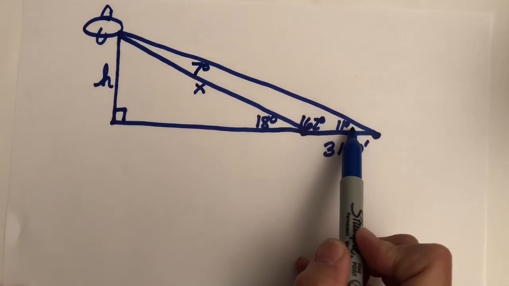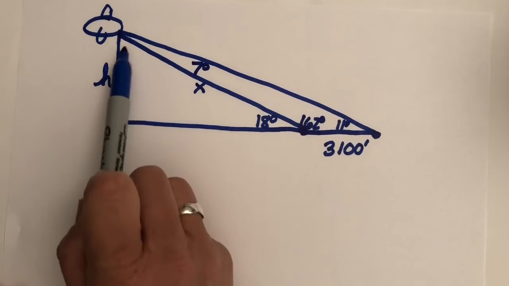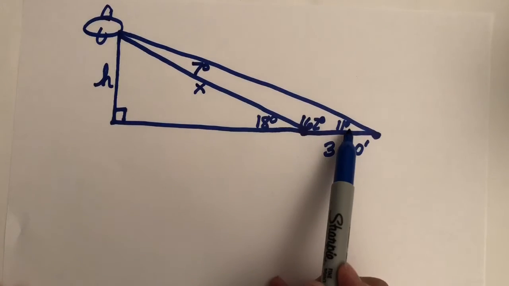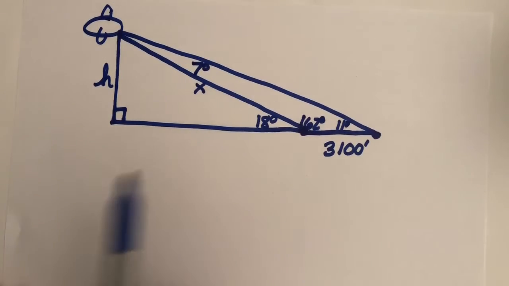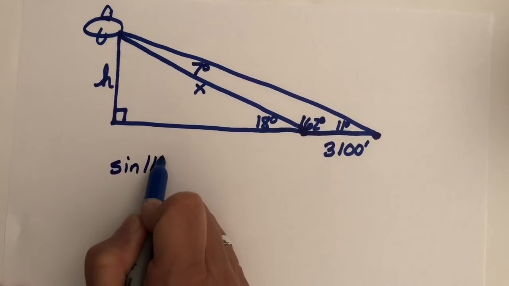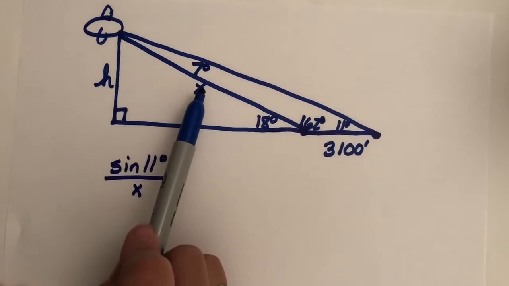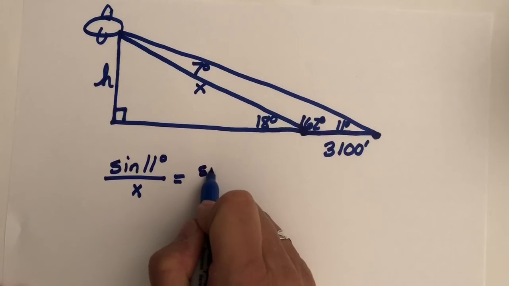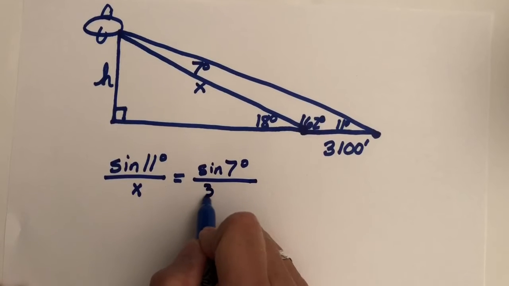Now we can use the law of sines to find this value right here, the length of this side, which I called X. So we have this angle, and the side opposite is what we're trying to find. So we have sine of 11 degrees over X equals, and notice we have this angle and the side opposite, the sine of 7 degrees over 3,100.